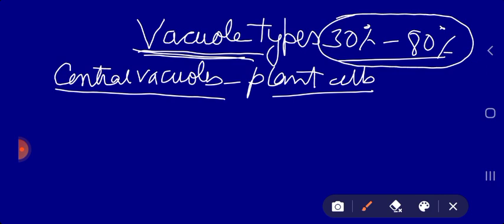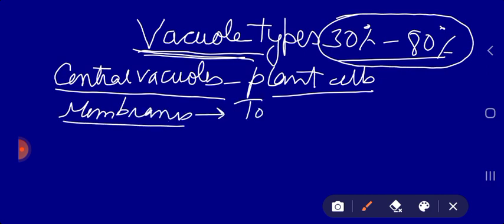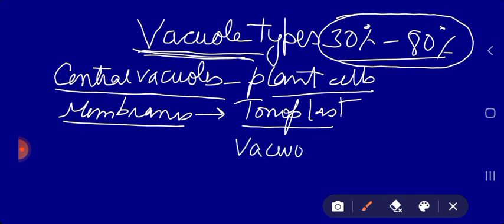Now this central vacuole is surrounded by a membrane called the tonoplast, as I have said before. It is also known as the vacuolar membrane.